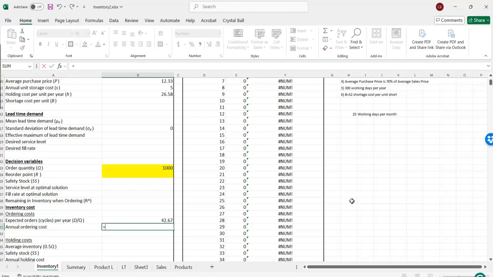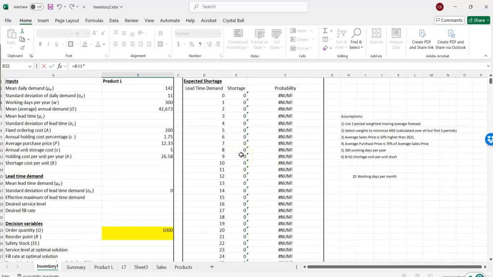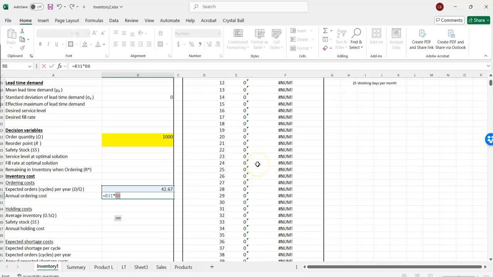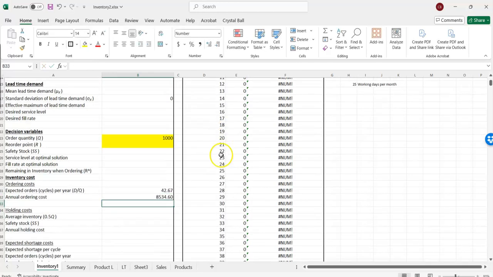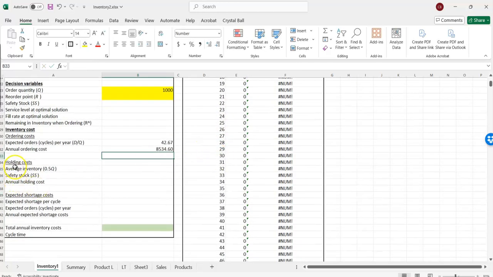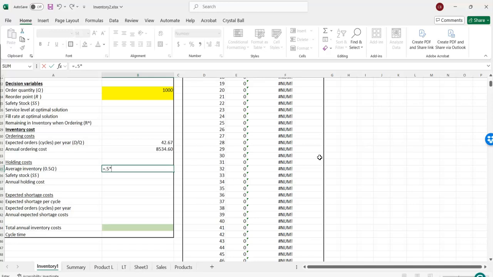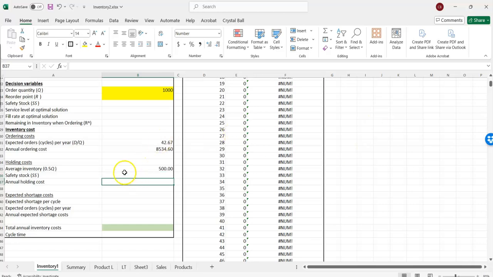And then that would give us our annual ordering cost, if we multiply it times the fixed cost per order, which is 200. Now, our holding cost, our average inventory is 0.5 times Q. And for right now, since we're just calculating the EOQ, we're going to ignore the safety stock.